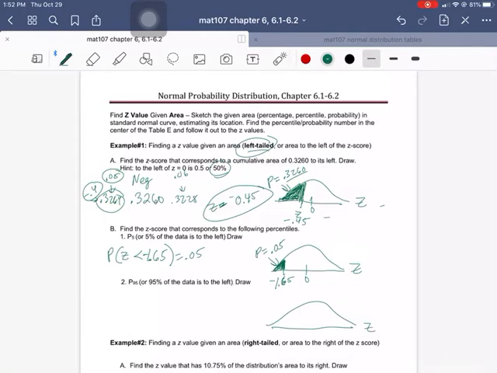All right, let's try the other one. 95% of the data is to the left. From 0 to the left is 0.5, so 95% has got to be up here somewhere, and all of this is 0.95. If you look up 0.95 in the center, you're going to find a 0.9505 and a 0.9495. So it's exactly in the center.